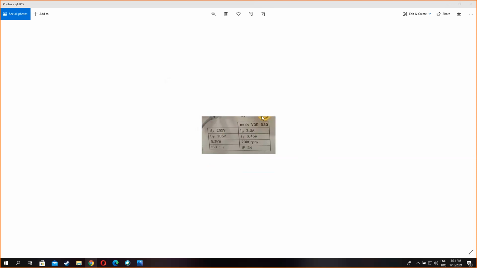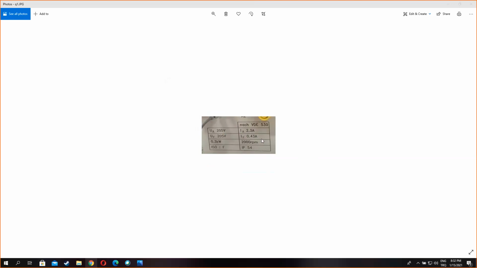The first digit relates to the level of protection from solids, in this case it is 5, and the second digit relates to liquids, and in our case this is 4. So in our case, 54, it is protected from solids by the 5, and it is protected from splashing water, which can be understood from the 4.